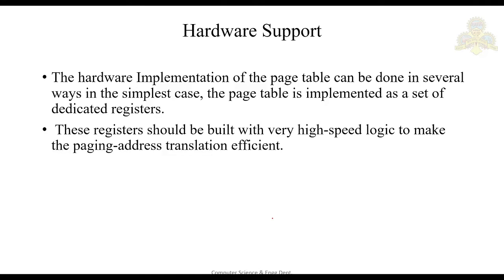So instead, your page table would be kept in the main memory itself, and a register we call the page table base register would point to the page table inside your main memory.